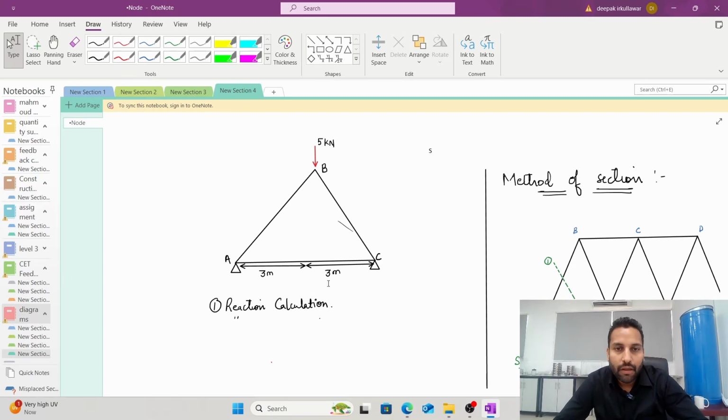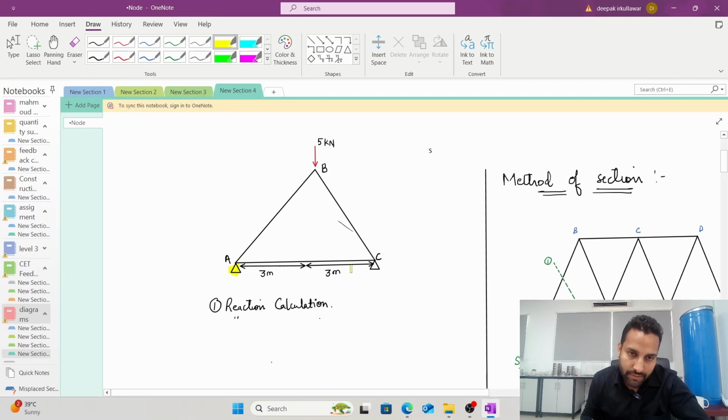First of all, to solve a truss, you need to see that in this truss you have two supports. There is a support at A, and there is a support at C. Since there are supports, there would be reactions, so I will write RA and RC.